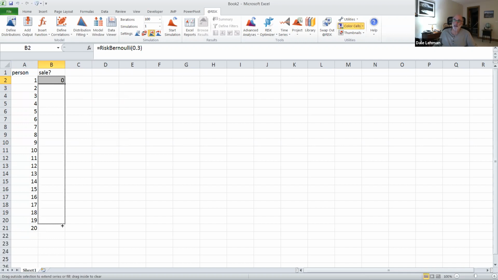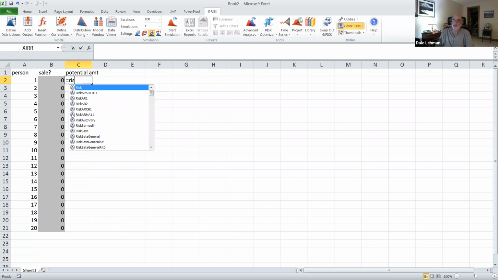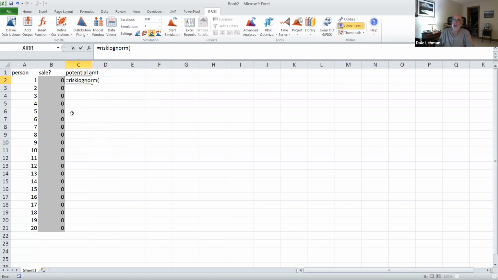Just copy that down. That's the sale, whether there's a sale. Potential sale amount. We'll make it a log normal distribution. And I'm going to assume that the average sale amount is 100 with a standard deviation of 50.